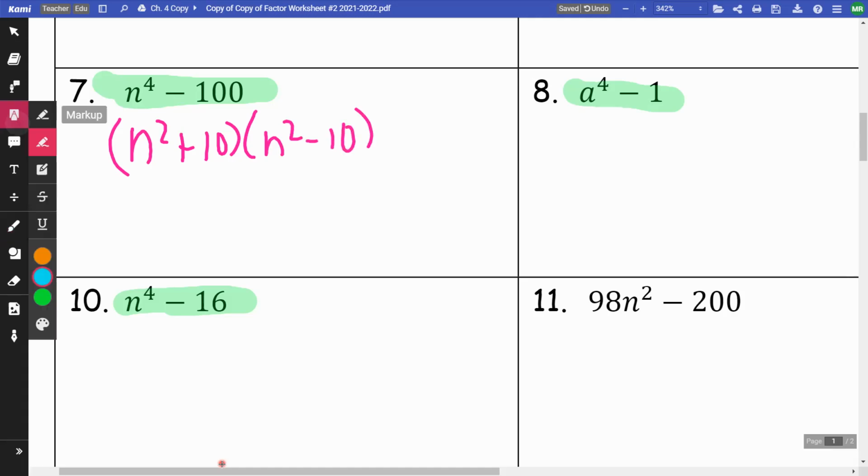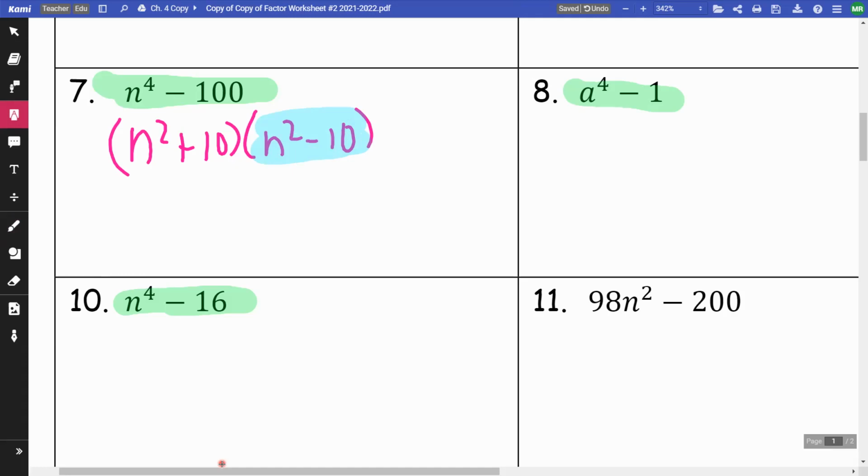So again, I'm left with quadratics, or degree 2. The one with the plus, an n squared plus a number, versus an n squared minus. Actually for this one, I cannot factor this one further because 10 is not a perfect square. Okay.